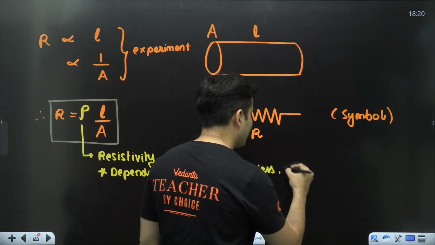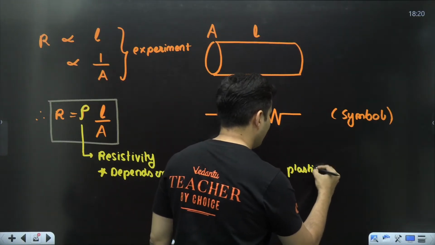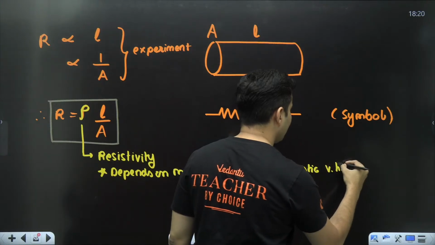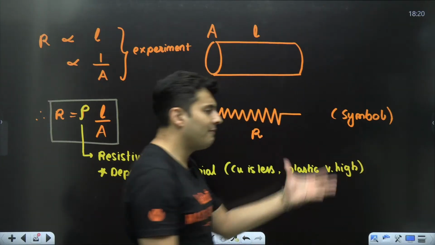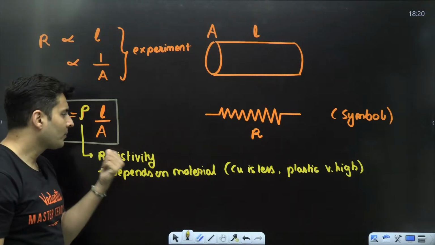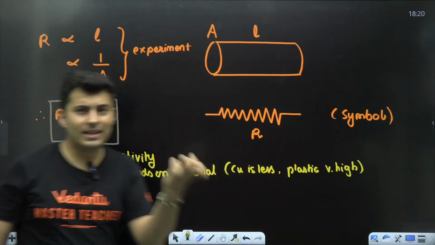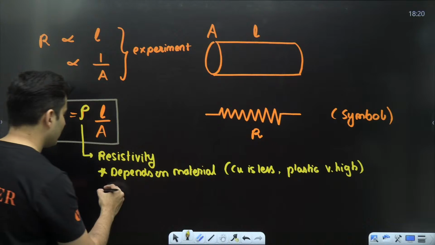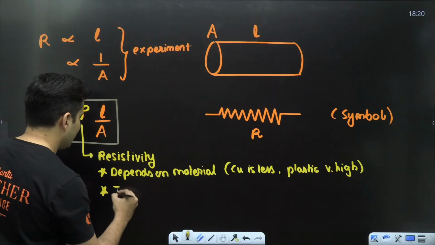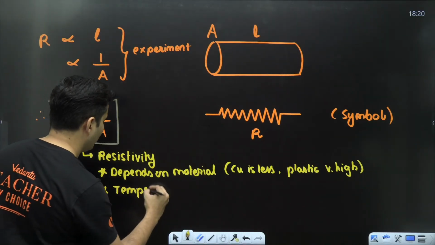Okay. So for plastic, it's very high. So bad conductors have very high resistivity. Good conductors have very low resistivity. That is what it depends on. It also depends on something called temperature, of course. We'll talk about it in the next slide.